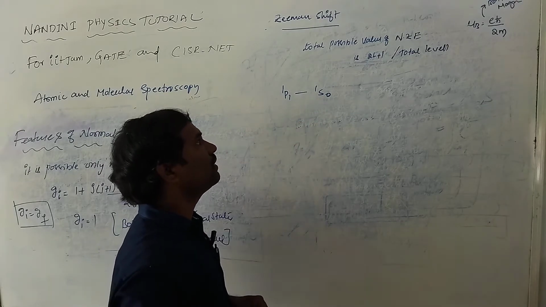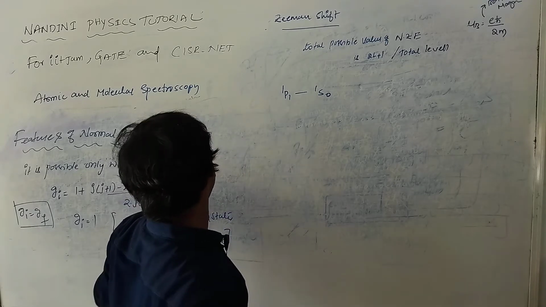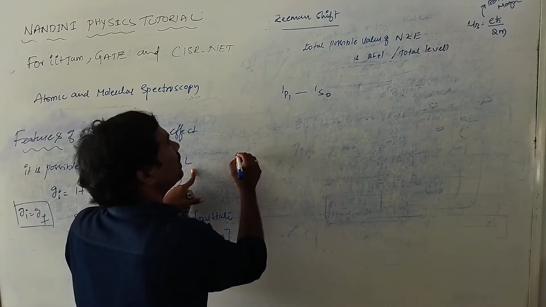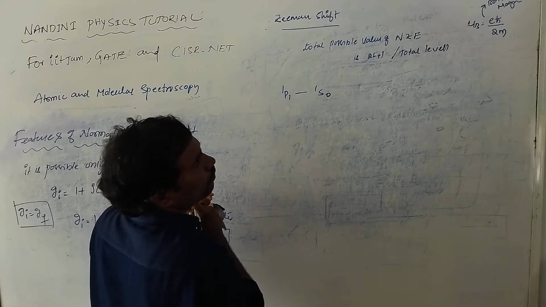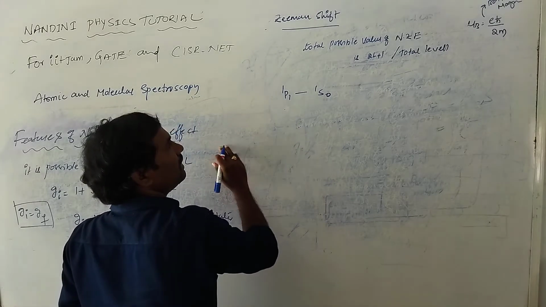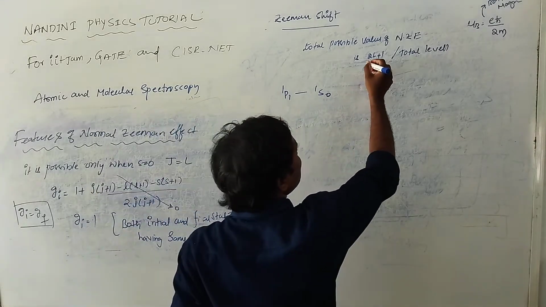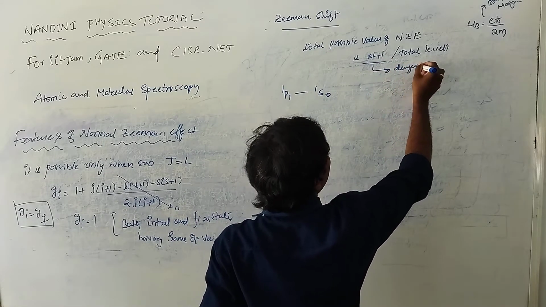For P, J is equal to 1, so L is equal to J, meaning 2 plus 1, 3 states. Three states will be there because of the degeneracy. This is nothing but a degenerate state.